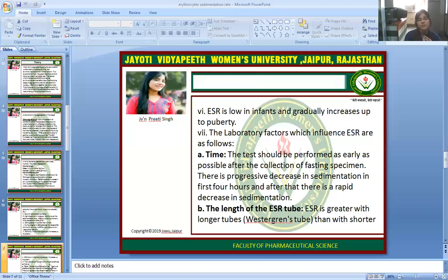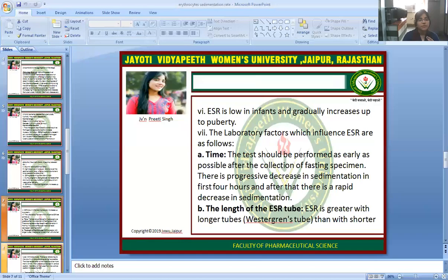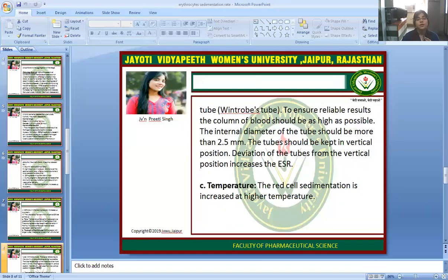ESR is greater with longer tubes, Westergren's tubes, than with shorter tubes, Wintrobe's tubes. To ensure a reliable result, the column of blood should be as high as possible. The internal diameter of the tube should be more than 2.5 mm.